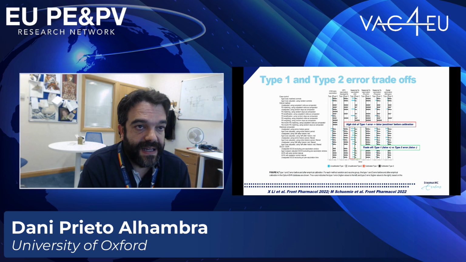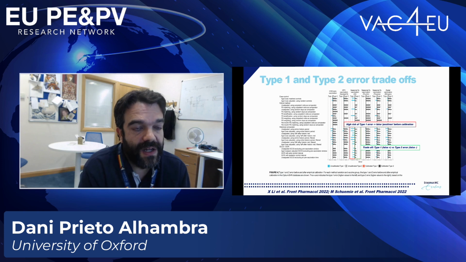I just want to finish by saying that when using negative control outcomes for empirical calibration, and I think this is very much in line with the comment from Xabier earlier, you have a trade-off between type 1 and type 2 errors. There are 2 papers we published in Frontiers in Pharmacology last year looking at different methods for vaccine safety using previous vaccines like flu, HPV, and so on, using American data, where you can see how the blue bars denote very high type 1 error when using historical comparisons or observed versus expected analytics without calibration.